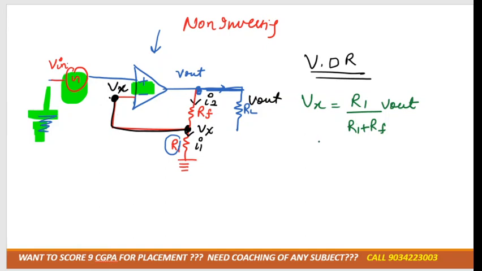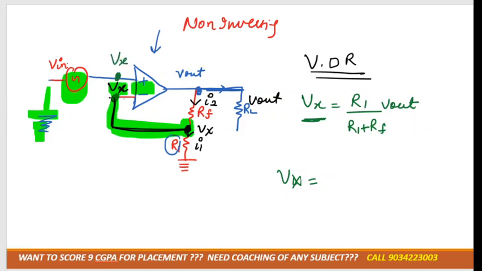Okay, so we know this value of Vx. Can we say that Vx is equal to this Vx? See, there is a voltage over here. As you know, there is a plain wire, so voltage across this point and this point would be same or different? Same. So can we say that here the voltage is Vx, and due to the virtual ground concept, if there is a voltage Vx over here, then there is a voltage of Vx over here also.